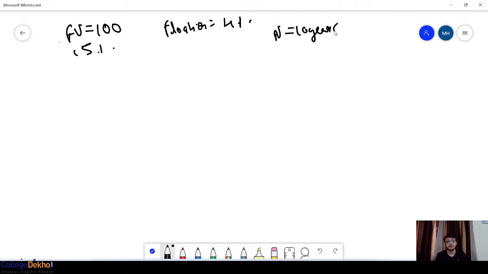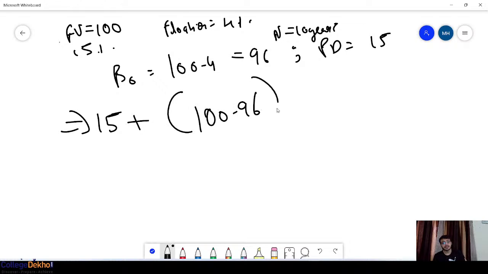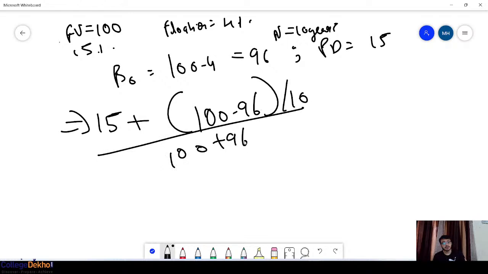The preference shares can be redeemed in 10 years. Calculate the cost of preference shares. Net proceeds we know: 100 minus 4 is 96. Preferred dividend is 15% of 100, which is 15. Tax is not mentioned in the question, so we cannot multiply by 1 plus tax. Using the formula: 15 plus redemption value minus net proceeds, 100 minus 96, only this bracket divided by 10, divided by 100 plus 96 by 2. Once you solve it, you get 15.7%.